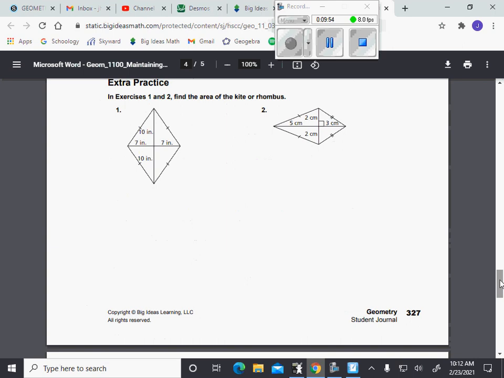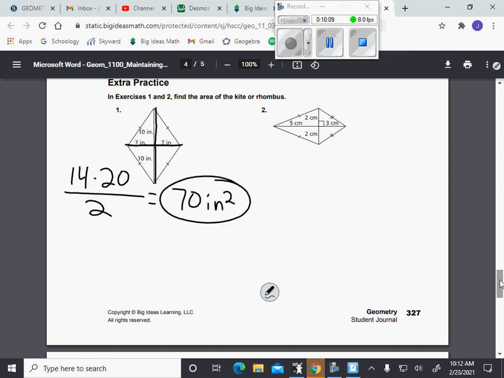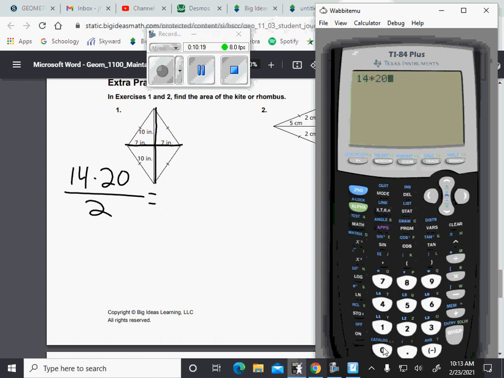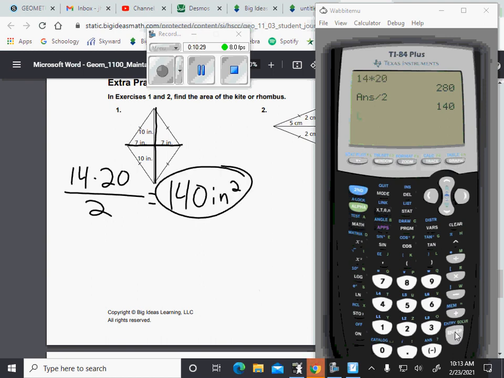Let me do it in my calculator, it's more trustworthy. 14 times 20 divided by 2 gets us 140 inches squared.